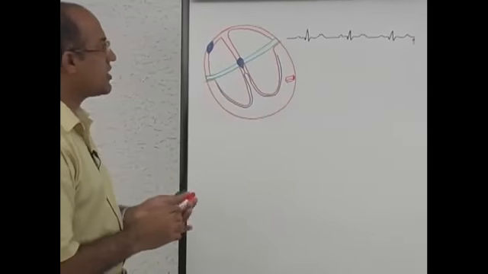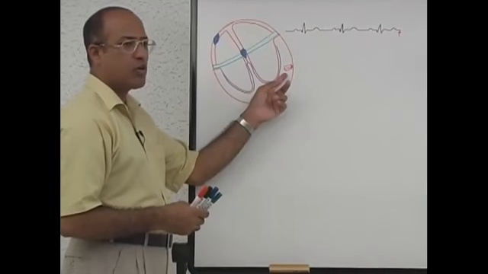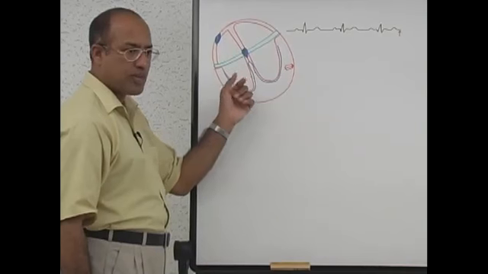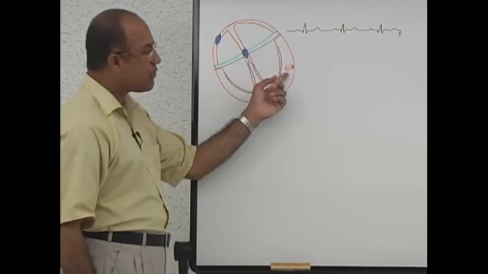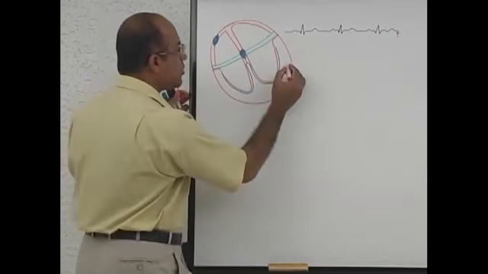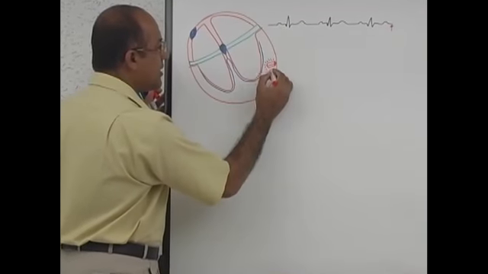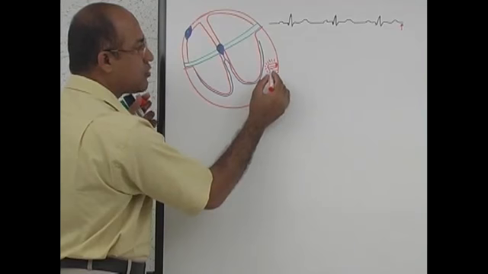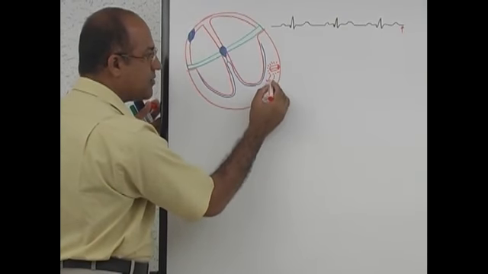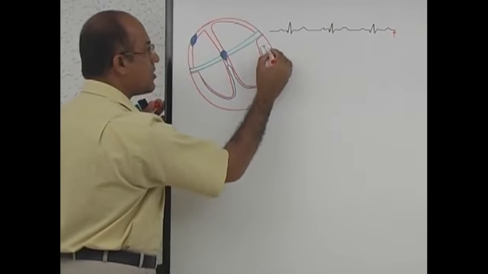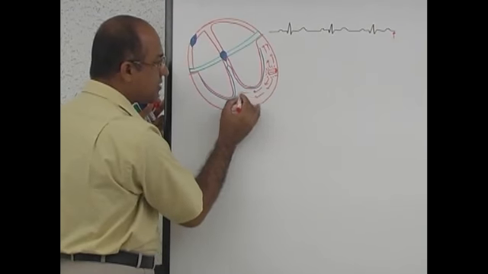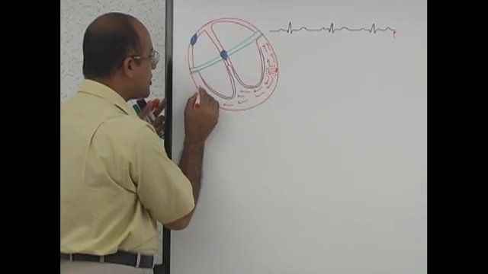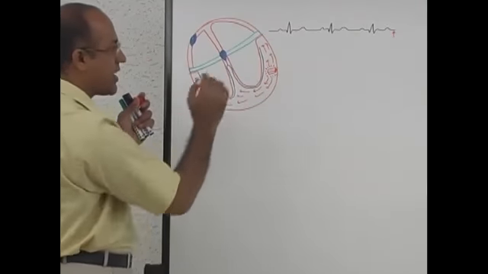When this pathological cell fires, it will not wait for a stimulus to come from the SA node. It will auto fire, and when it fires, the current which is coming out of this cell will not pass through the normal conduction pathway, it will pass through a pathological pathway, right? And when this current is passing through a pathological pathway, that will make a pathological vector there, not a normal vector.